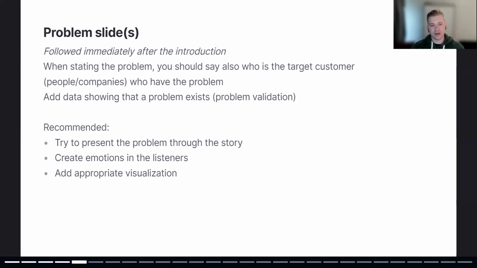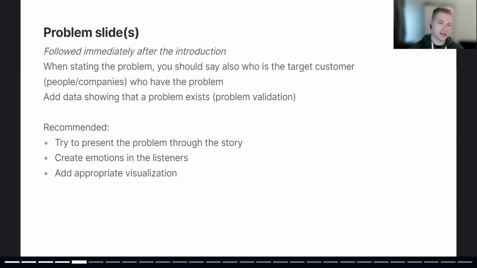And the best way to tell this problem would be if you either have it personally, and then you can tell it from your perspective that you are one of the people who suffers from this problem, or you take some kind of imaginative person, let's say Tom, and then you start telling, okay, Tom is this guy who works in this kind of company, and he suffers from this and this.